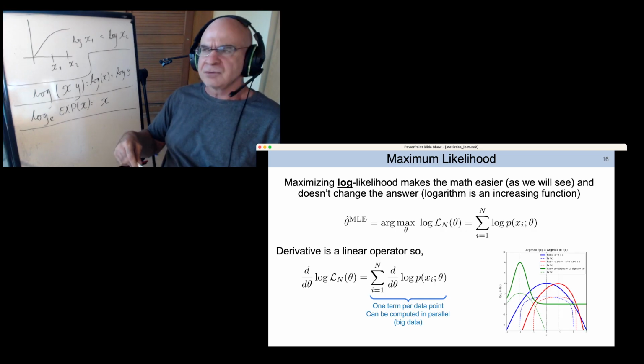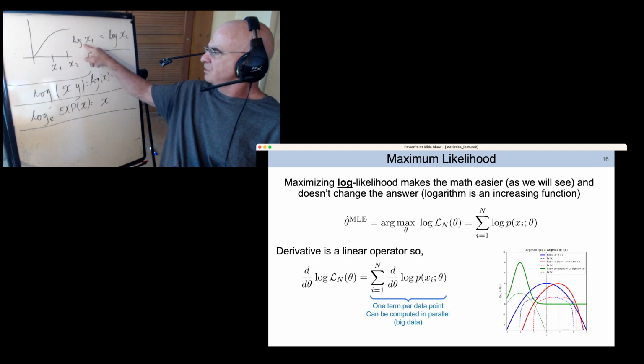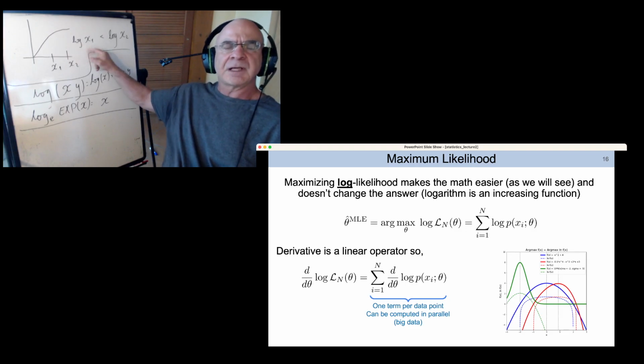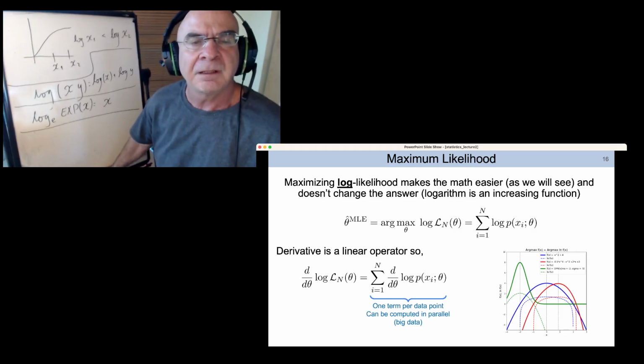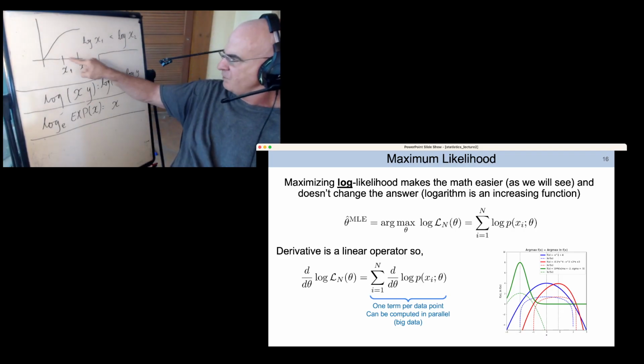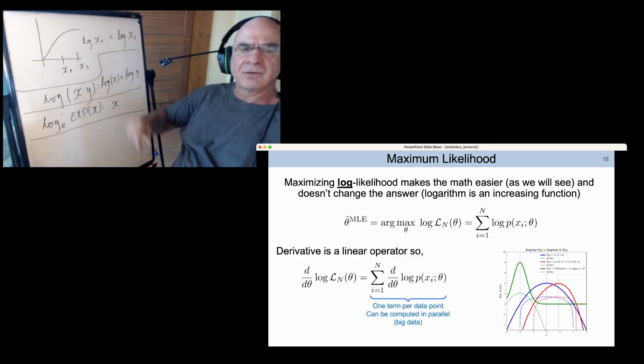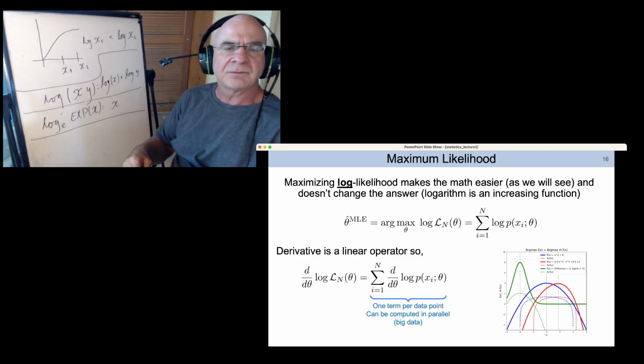I just need two observations for it. I need to note that log, no matter which base it is, as long as it's larger than 1, is a monotonically increasing function. If x1 is smaller than x2, then log of x1 is smaller than log of x2. So what's the big deal?